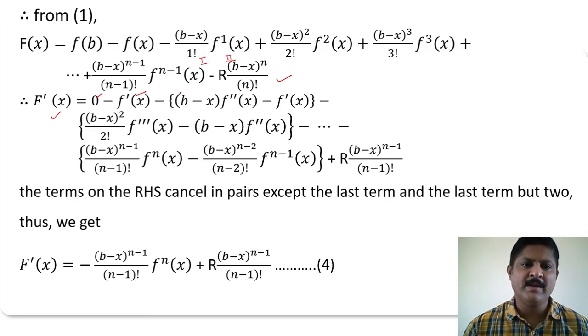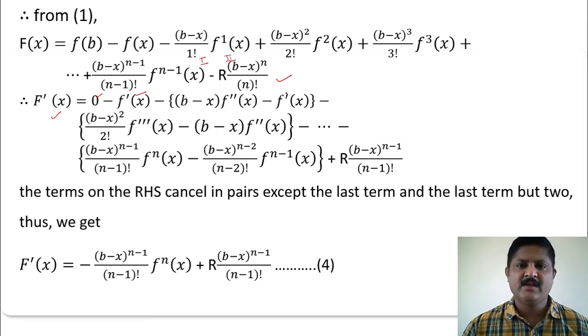Minus is there, minus of, keep (b minus x) divided by 1 factorial as it is, differentiation of f1 of x is f double dash of x or f2 of x, plus keep f dash of x as it is and differentiation of (b minus x) divided by 1 factorial is minus 1, plus into minus, minus, therefore minus f dash of x.